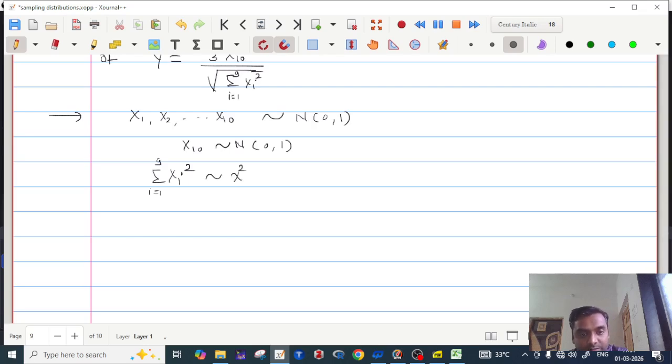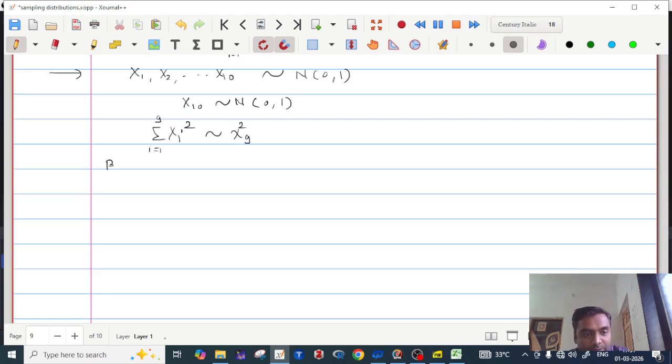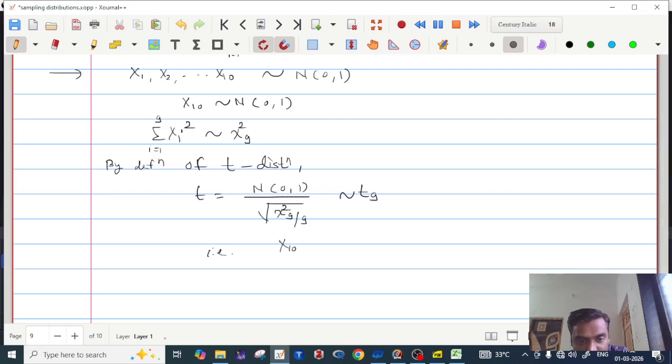This follows chi square with 9 degrees of freedom. By the definition of t distribution, t equals normal 0, 1 divided by the square root of chi square divided by its degrees of freedom, here 9. So normal 0, 1 is X10, and chi square 9 is the summation of Xi squared.